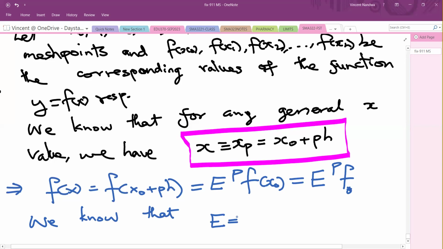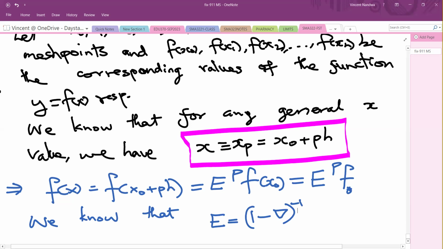From last class discussion, shift is the same as? Correct. It's the same as 1 minus backward raised power negative 1. So I hope your formula is the same as this.